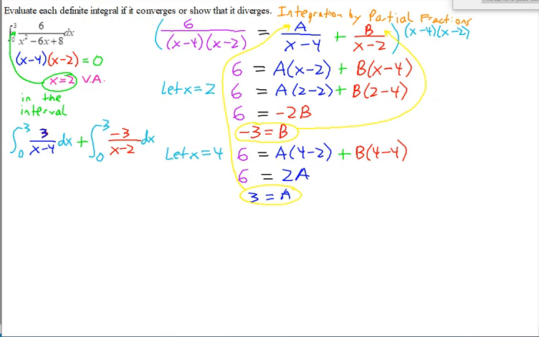However, because there's a vertical asymptote at 2, if there wasn't a vertical asymptote, we could just evaluate each of these. We've got to split each of these and go from 0 to 2 and then 2 to 3. So if we write that out here, first one will be 0 to 2, 3 over x minus 4, plus 2 to 3, and then 3 over x minus 4.